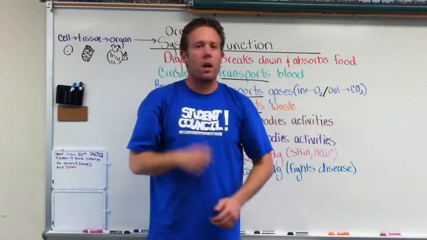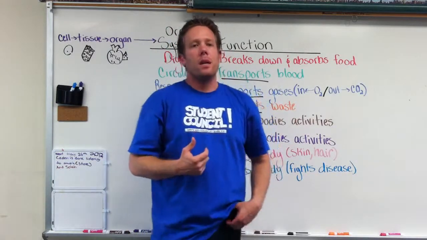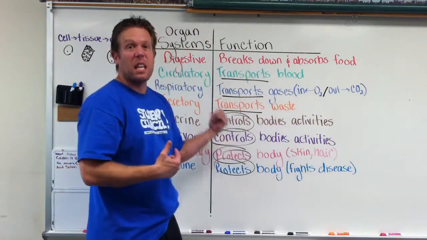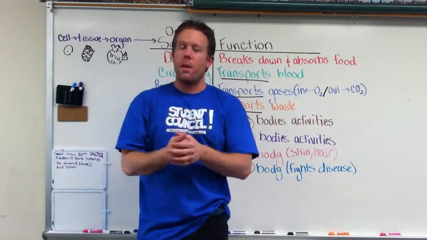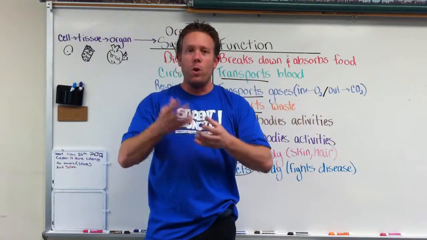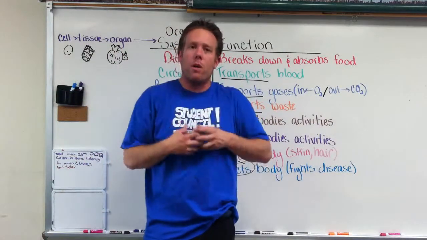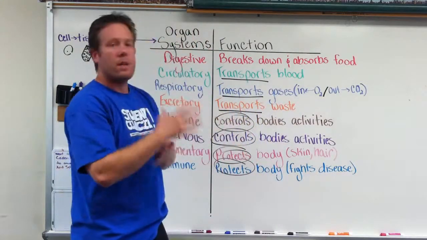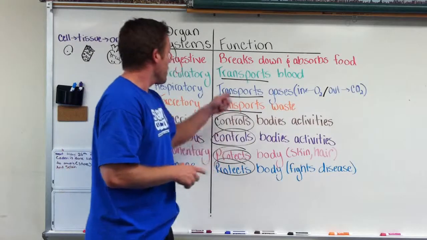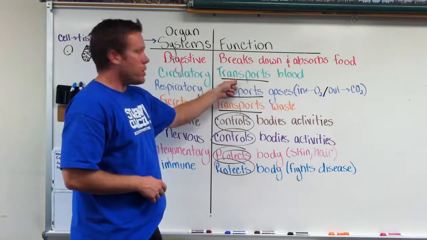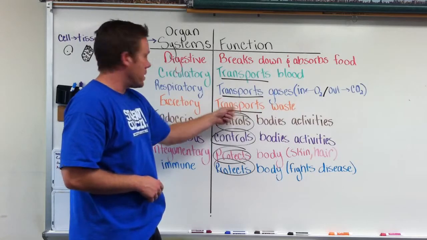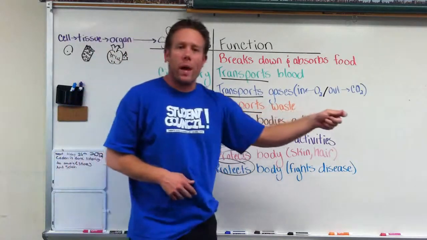Once again, we're going to go into each one of these organ systems in further detail. Each one of these is a lesson on its own, and I'm going to show you how the food gets into the cell. I'm going to show you how the oxygen gets into the cell and how everything kind of circulates around the body. So, circulatory transports, the respiratory system transports, and the excretory system transports waste.